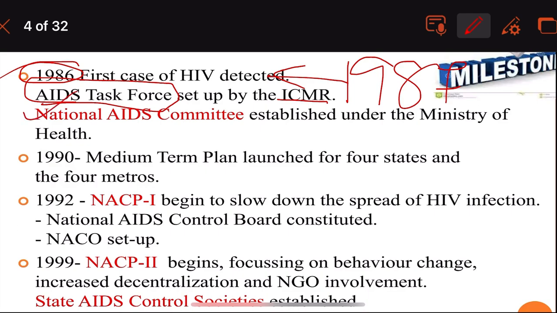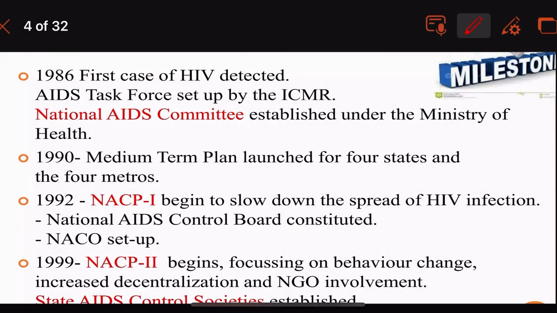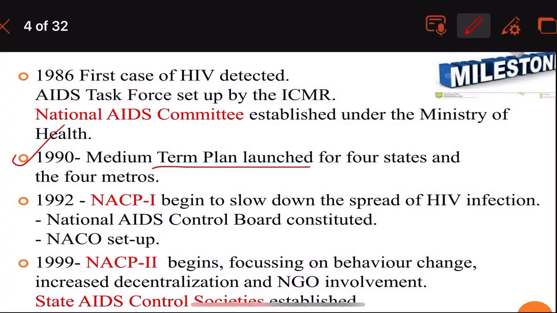The National AIDS Committee was established under the Ministry of Health and Family Welfare. In 1990, the medium term plan was launched for 4 states and 4 metros. In 1992, the National AIDS Control Program 1 began to slow down the spread of HIV infection.